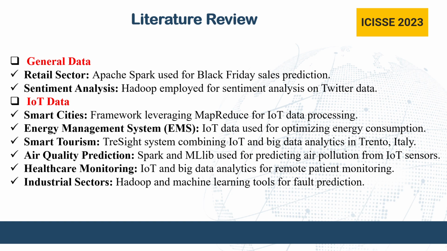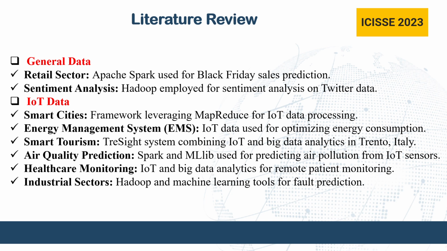Energy management system, EMS: IoT data used in optimizing energy consumption. A smart tourism system combining IoT and big data analytics in Turin, Italy. Air quality prediction: Spark and MLlib used for predicting air pollution from IoT sensors.